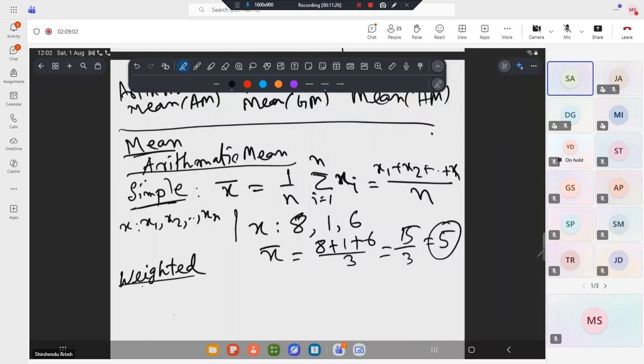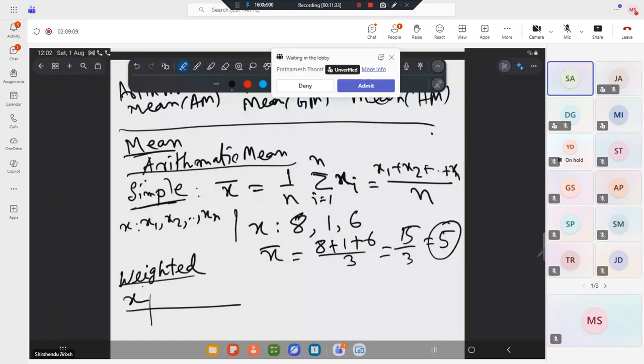Weighted mean. Right? Weighted means that each variable x is connected to a frequency. Initially, I'm showing this as if it is ungrouped data, but eventually we'll solve a problem for grouped data also, and see how to deal with grouped data as ungrouped data. So suppose x1 has frequency f1, x2 has frequency f2, and xn has frequency fn.